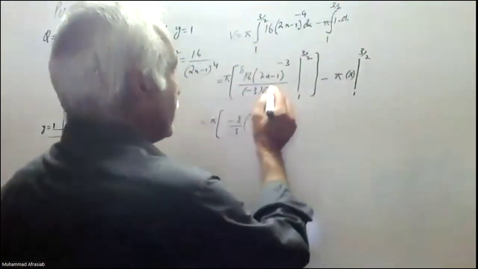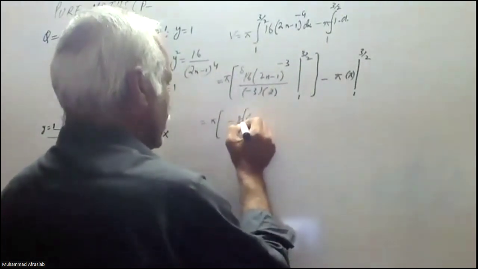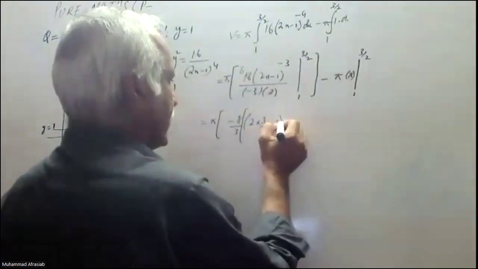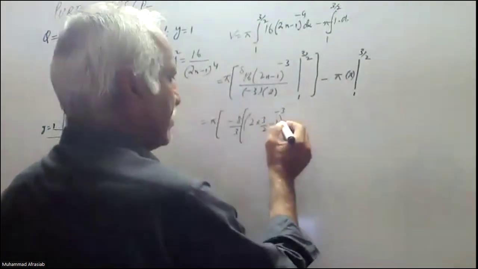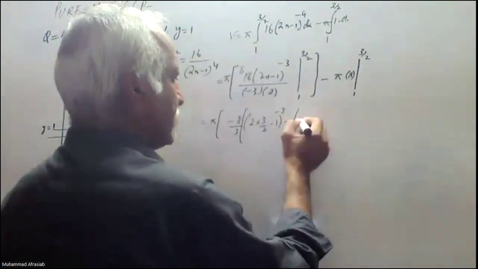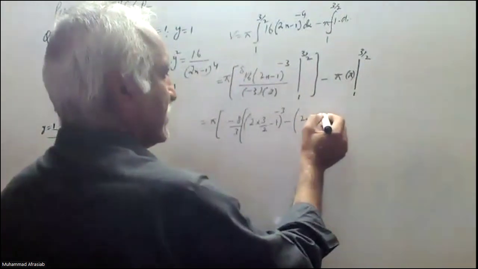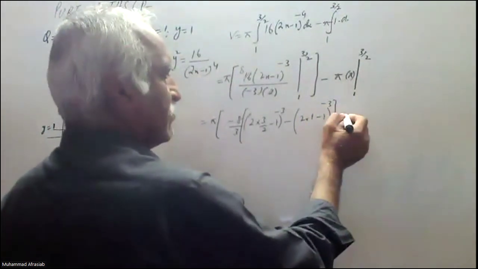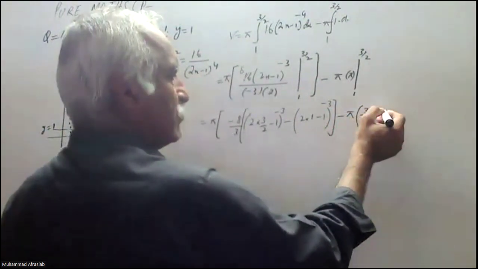If you put the upper limit, it should be equal to (2 into 3 by 2 minus 1) power minus 3, minus (2 into 1 minus 1) power minus 3, minus pi as it is, 3 by 2 minus 1.